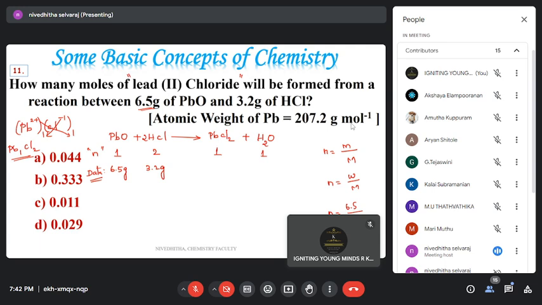Atomic weight of lead is 207.2 and atomic weight of oxygen is 16. So what is the molar mass of lead oxide? 223.2, ma'am. 223.2. Perfect. So by dividing these two numbers, we'll know the number of moles of lead oxide.